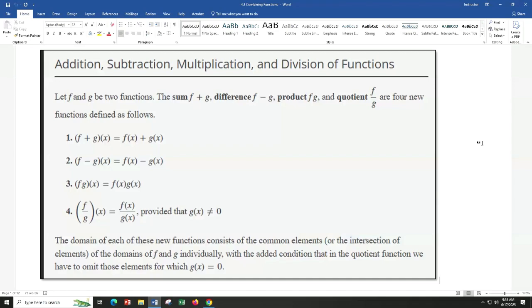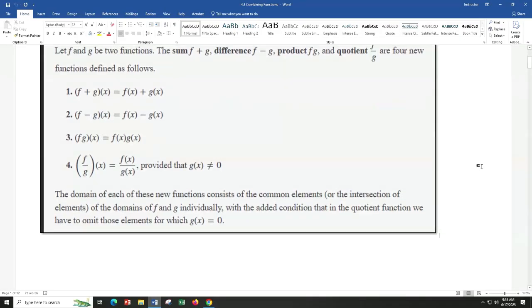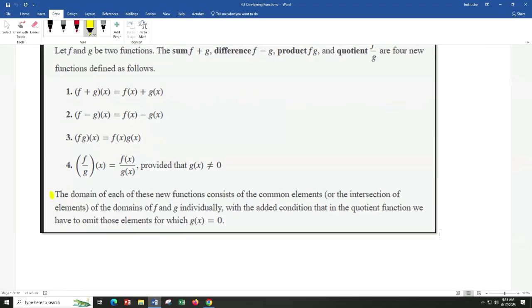Now, the biggest thing to remember is this, and I have it highlighted like crazy. I'm going to highlight it like crazy now, is remember this part right down here. All of that. The domain is the intersection. Remember the implied domain? Where you had all these functions going together, but then if one of them had a restriction, that's where you had to be careful.